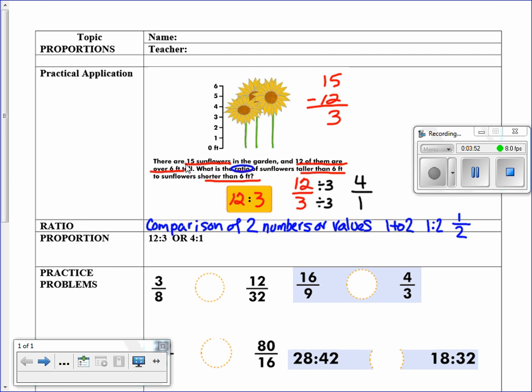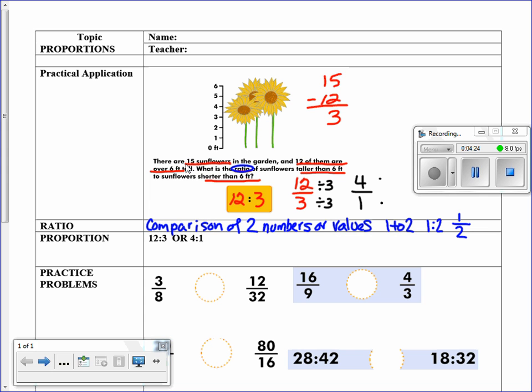Now those of you that say, okay, 4 over 1, I can reduce that to just become 4, that's not what we want to do here. 4 over 1, or 4 to 1, is our ratio. For every 4 flowers that are over 6 feet tall, one of them is shorter than 6 feet tall. So we want to leave both of these numbers. Both of these numbers are very important for us to understand our ratio.